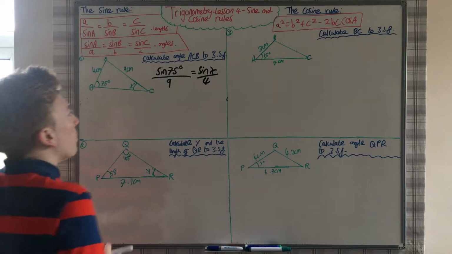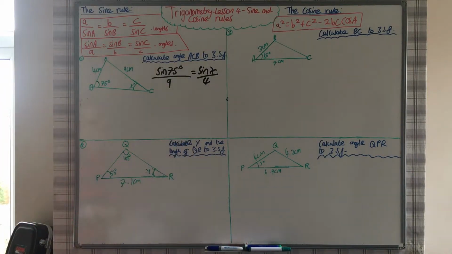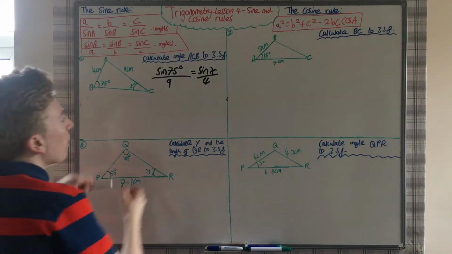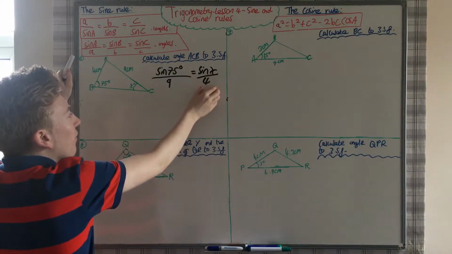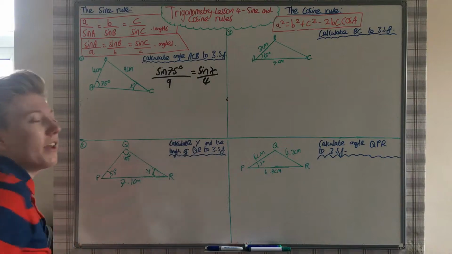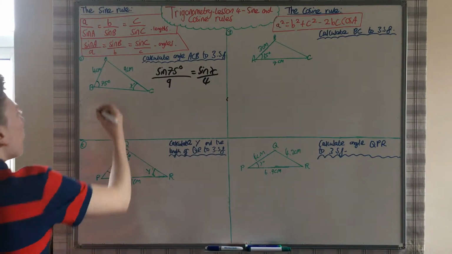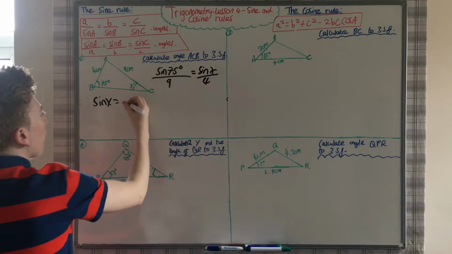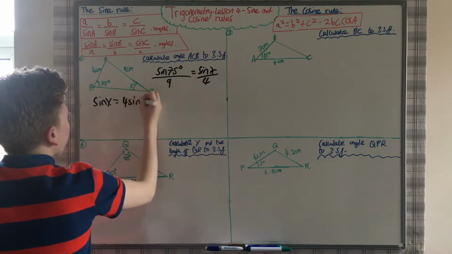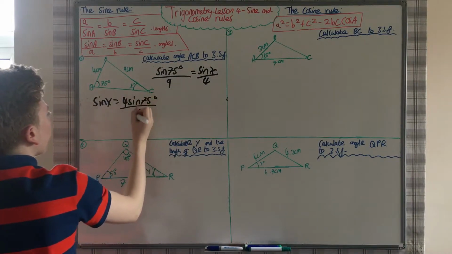Now we could use cross multiplication and then rearrange it for sine x, but we don't necessarily need to here. We can just multiply both sides by 4 to get rid of the divide by 4 on this side and to leave us with sine x on its own, which is what we need. So we actually end up with sine x is 4 multiplied by sine 75 divided by 9.